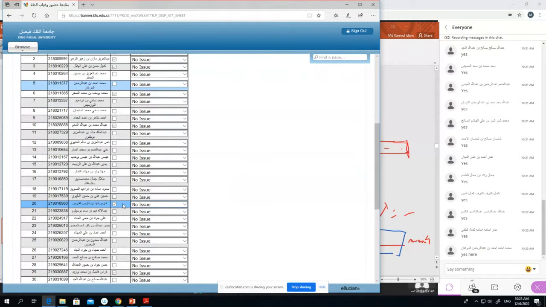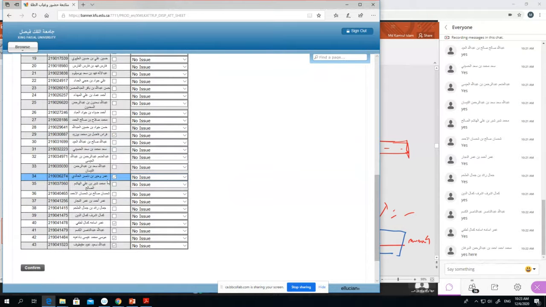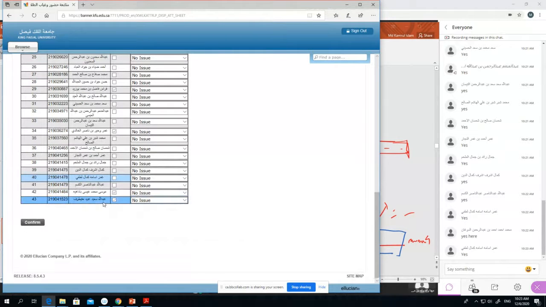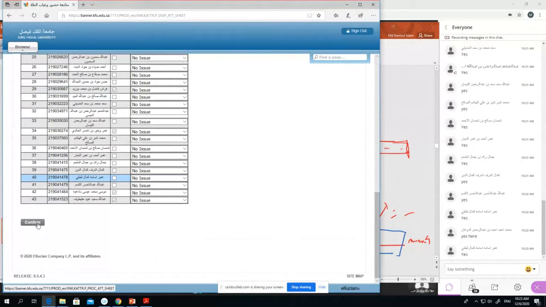Faris Fahad ibn Faris Fahad absent. And Firas Fadel bin Muhammad absent. Umar Wahid absent. Then Umar Usama here, right? Yes. Musa Muhammad absent. Abdullah Said absent. So I double check and now I confirm it.